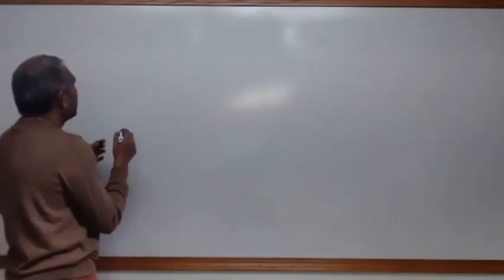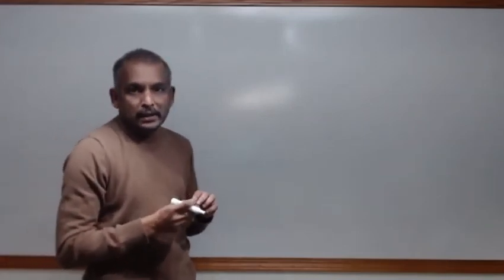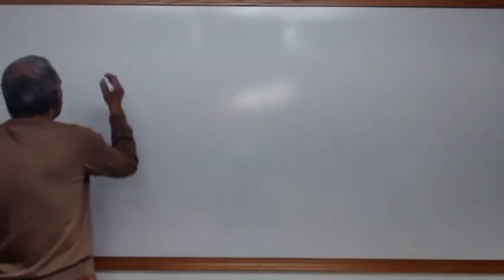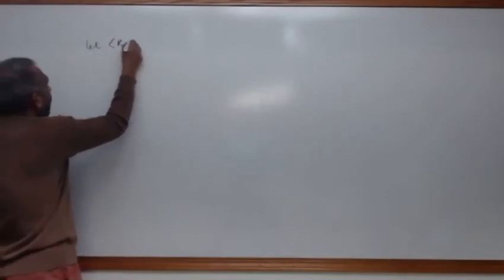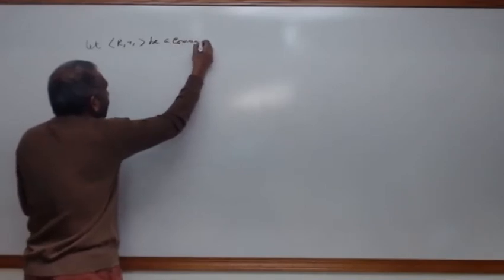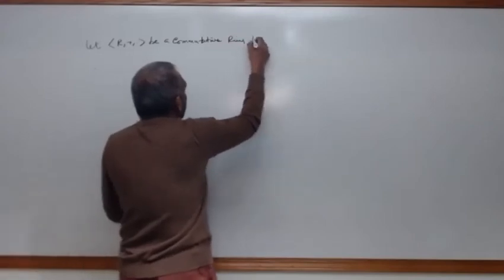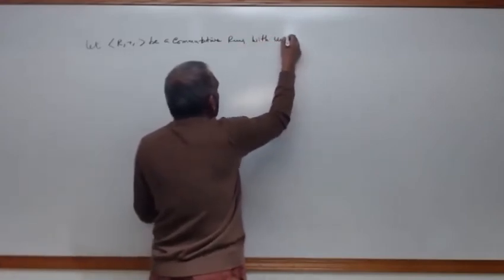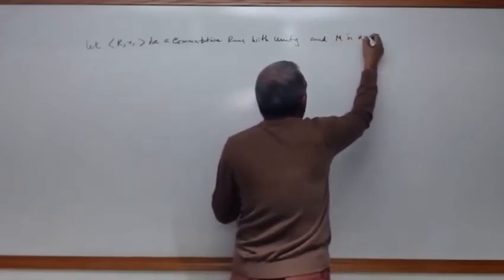So now we have a necessary and sufficient condition for an ideal to be maximal. So what is that? Let R be a commutative ring with unity and M an ideal.